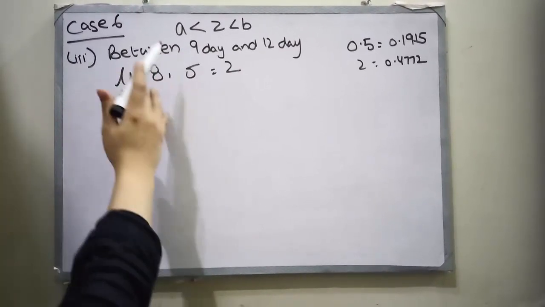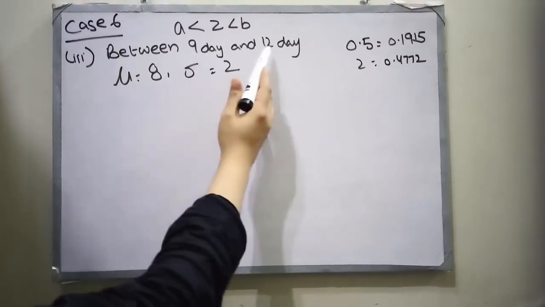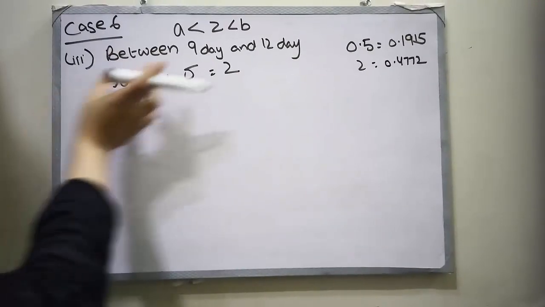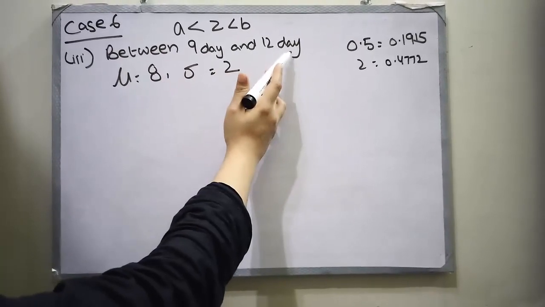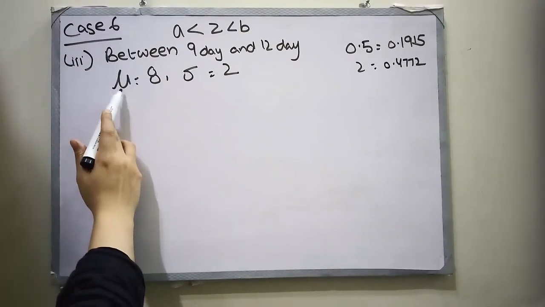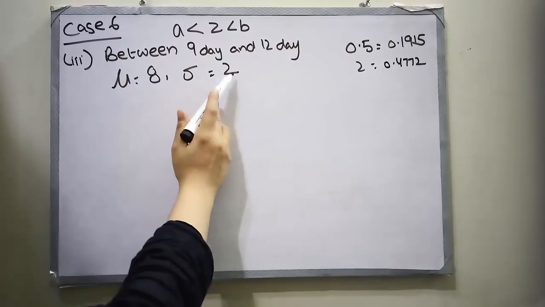Case 6. In case 6 we have to find, same as the previous question, the patient stay, and here the data would be 9 days and 12 days. So we have to find the patient stay between 9 days and 12 days. The value of mu is given as 8, standard deviation is 2.